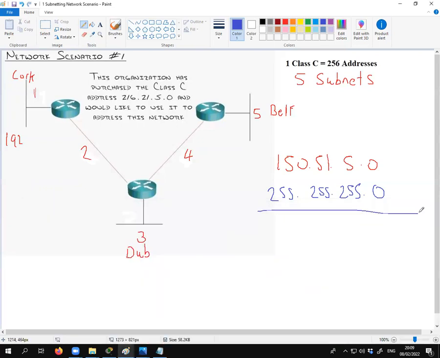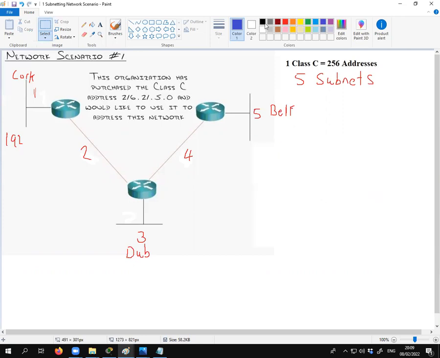The subnet mask does not make a class A, B, or C. It's the first octet. So we have a class C because the 216 is between 192 and 223.